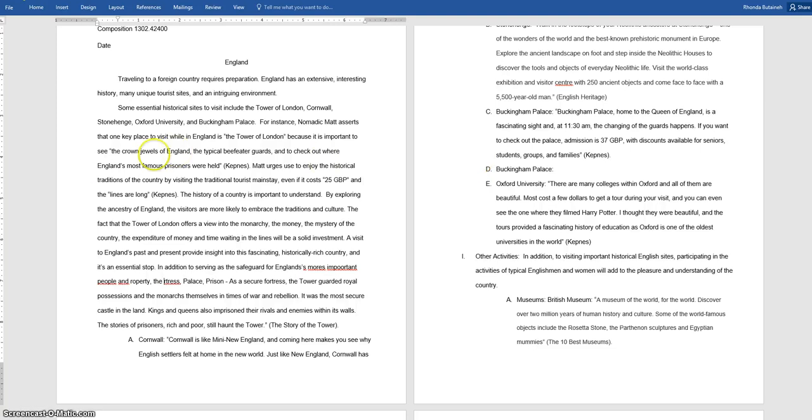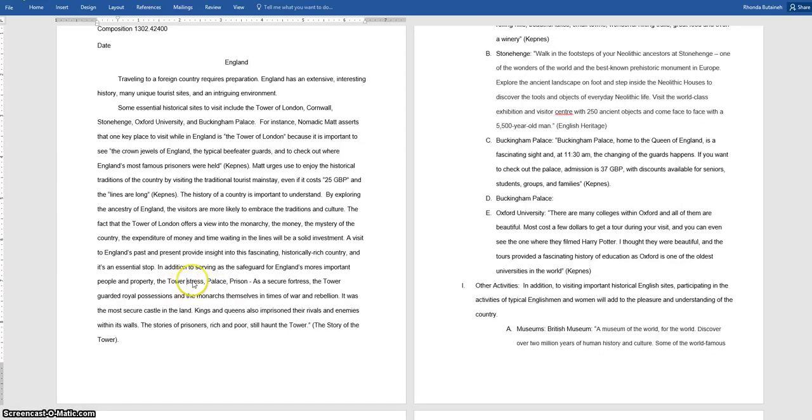I have a transitional phrase here where it shows you that I'm shifting from one topic to another. Okay, and so that's important that you have that as well. We don't just jump from quote to quote to quote to quote. We need to have some kind of phrase that indicates I am talking about a new subject.